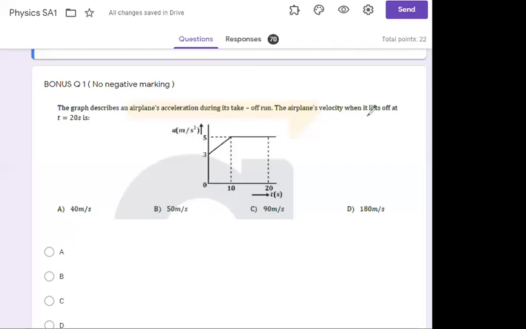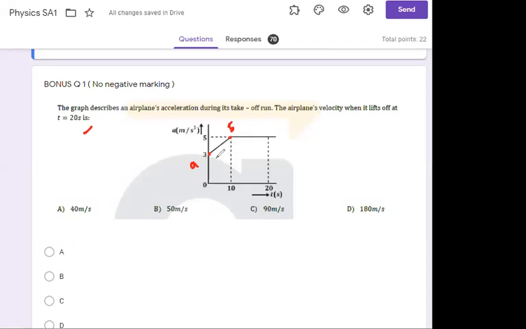The airplane velocity when it lifts off, at t equal to 20 seconds, निकल जाएगा, कैलकुलेट कर लो. So initial is what? See, this is acceleration. Initial acceleration is given as a, है ना? Here the acceleration is 5. ठीक है? Advanced question है ये.